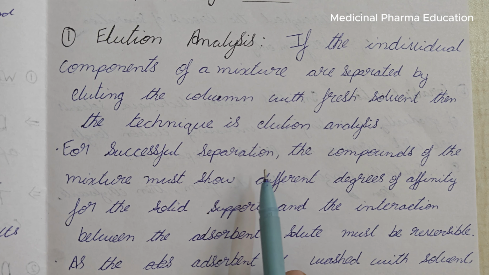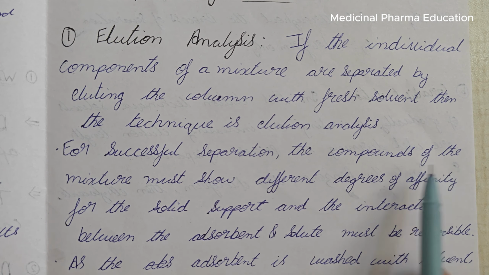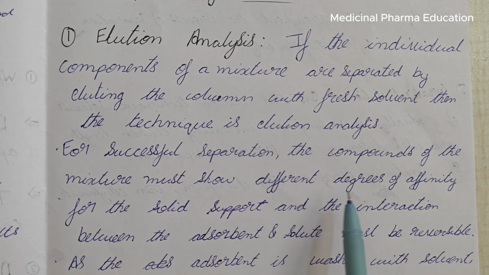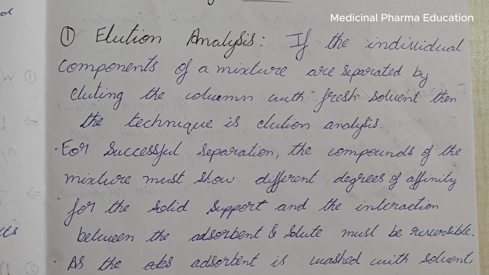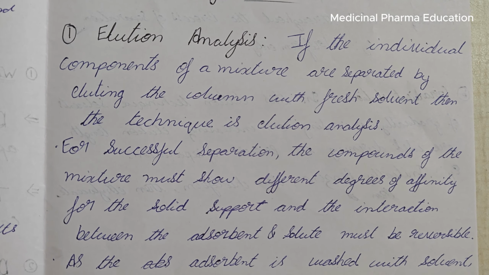For successful separation, the components of the mixture must show different degrees of affinity. In every separation principle, the affinity should be different. If they have the same affinity, it is very difficult to separate using the chromatography technique.